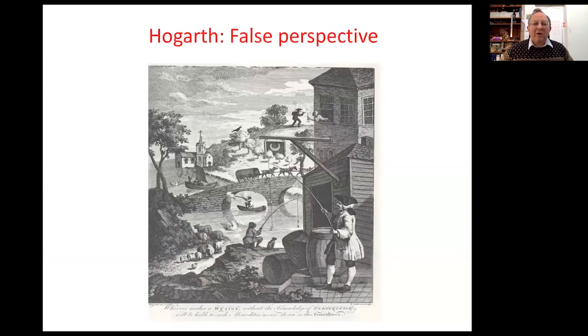And here's a very nice picture that was produced by Hogarth in around 1700, where he's taking the rules of perspective and deliberately applying them in the wrong way, so that you get this completely wrong picture, which creates an illusion of depth which is completely wrong in every way. I really like this, and you couldn't really do this picture. You've got to know the rules of perspective pretty well in order to be able to break them to produce this wonderful picture here.